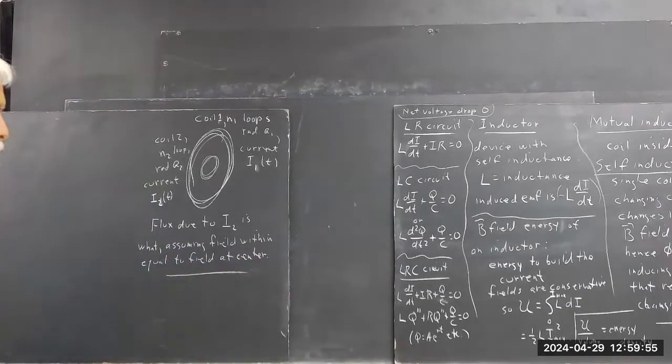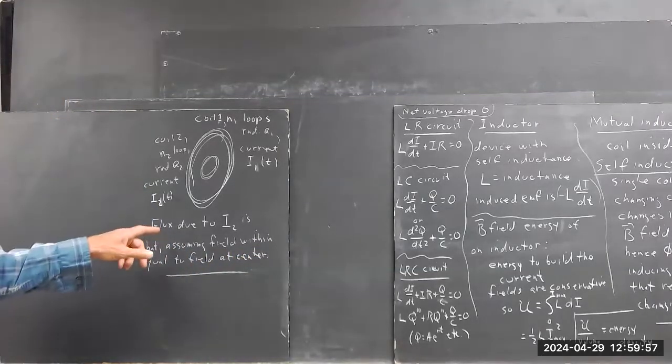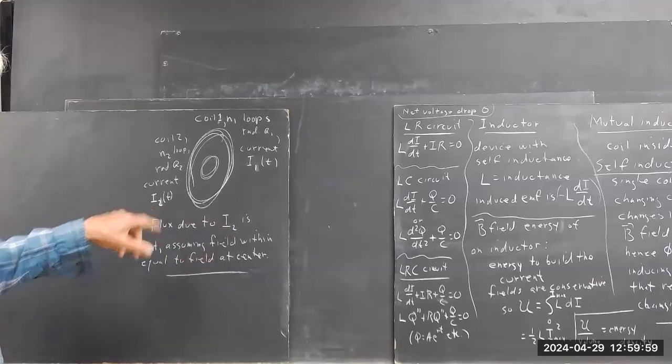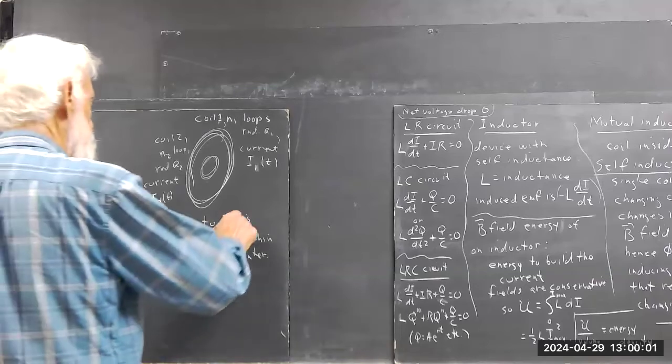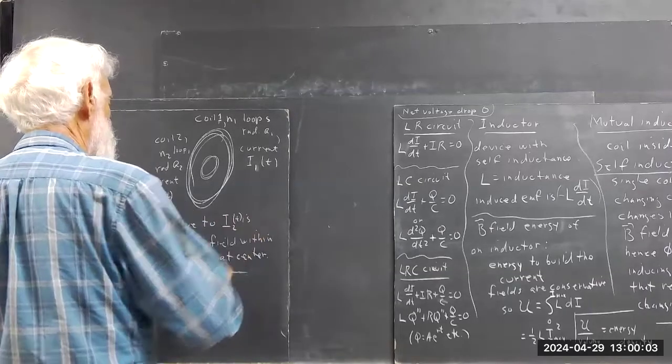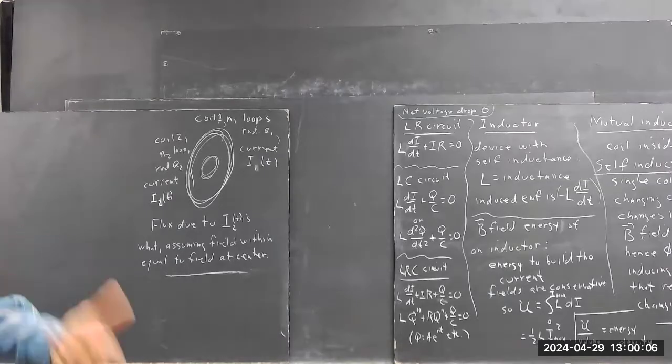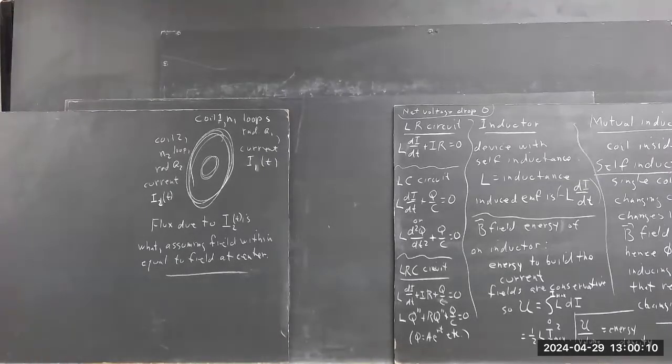If we assume the field within is equal to the field at the center, what's the flux due to the current I2? And I'll say I2 of t, just to remind you, we assume it can be a time varying current.